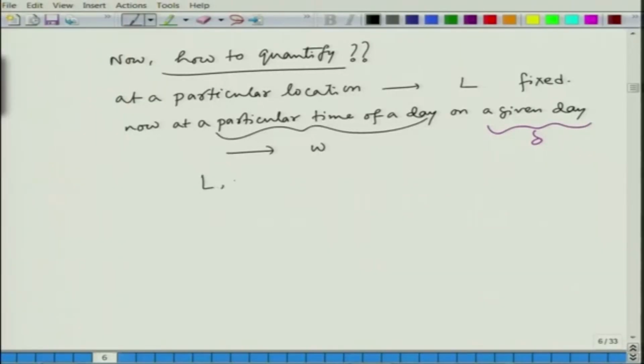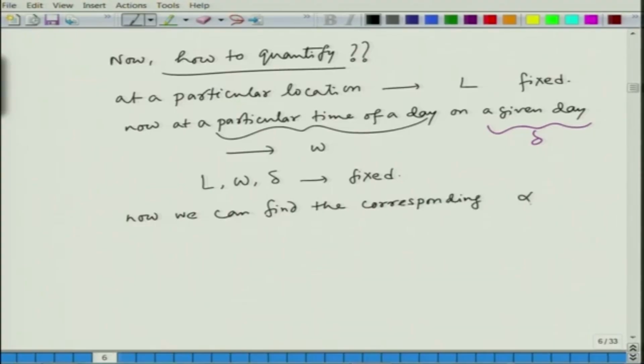So, L, hour angle and declination angle, these are fixed. Now, we can find the corresponding alpha, which is the altitude angle, and the solar azimuth angle, right.